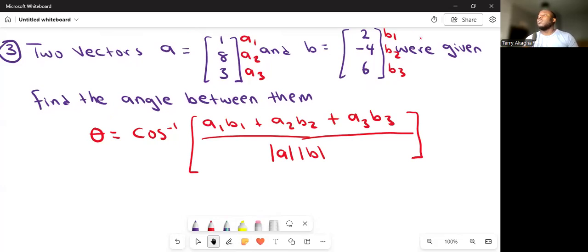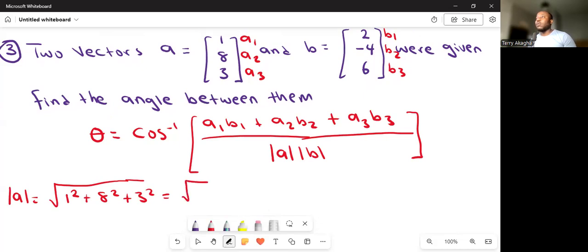All right, so let's do this. Let's find the magnitude of A. The magnitude of A is going to be equal to the square root of 1 squared plus 8 squared plus 3 squared. That is 1 plus 64 plus 9, which will give you 74. So that will give you the square root of 74.